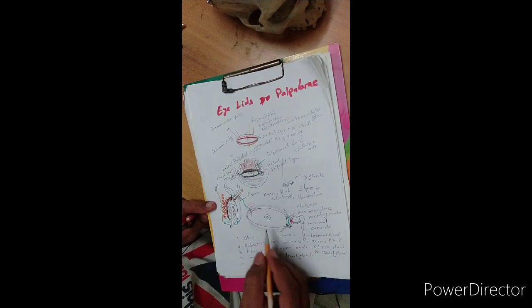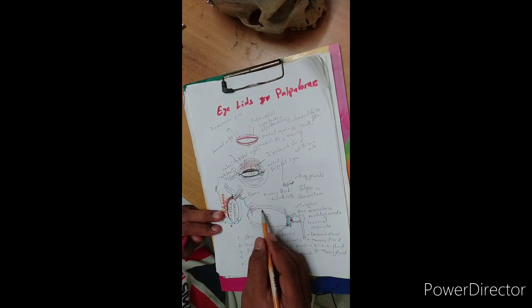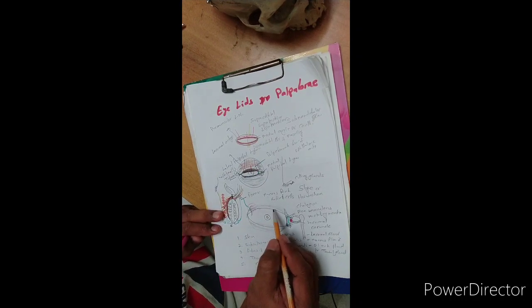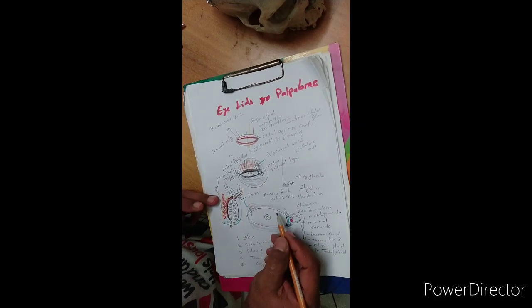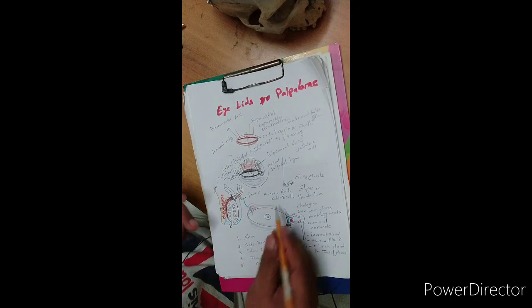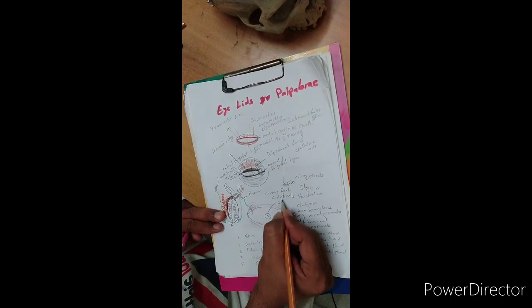Now the nerve supply of the conjunctiva. The whole of the ocular conjunctiva and the upper palpebral conjunctiva are supplied by the ophthalmic nerve.